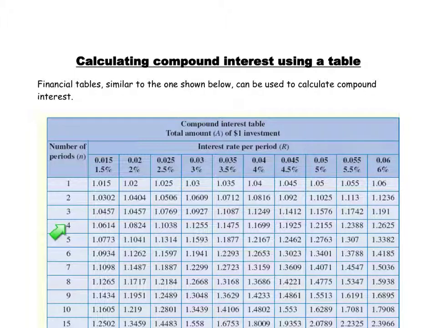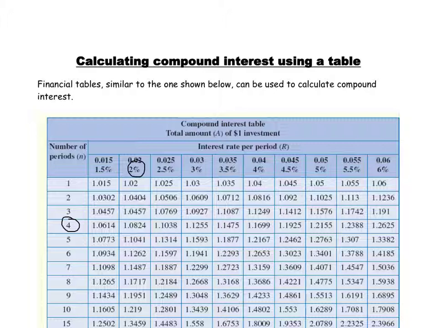Let's just say I invest $1 for 4 years at 2%. Okay, so 4 years at 2%.